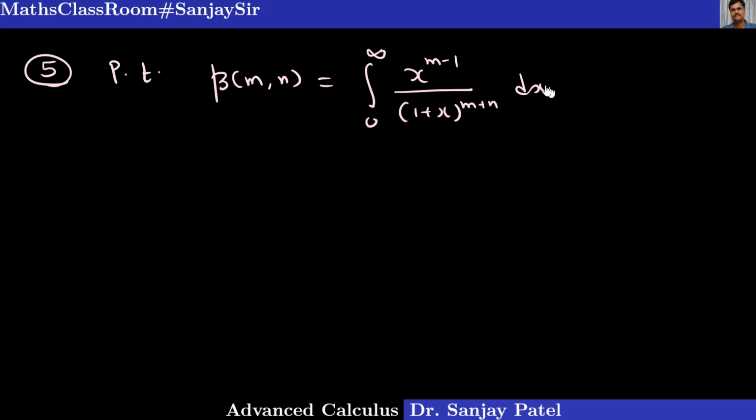So this is the formula of beta function in terms of this kind of limits 0 to infinity. Let us prove this.